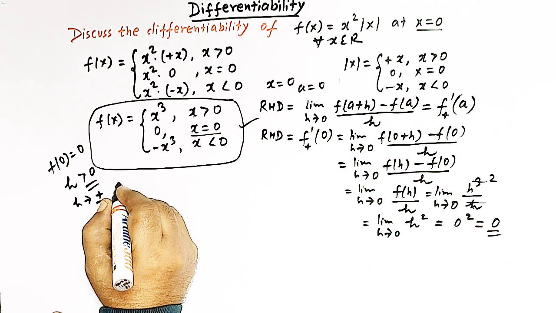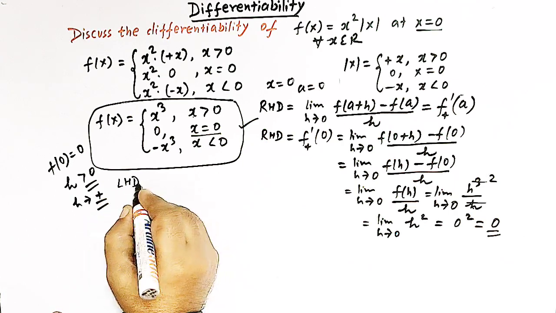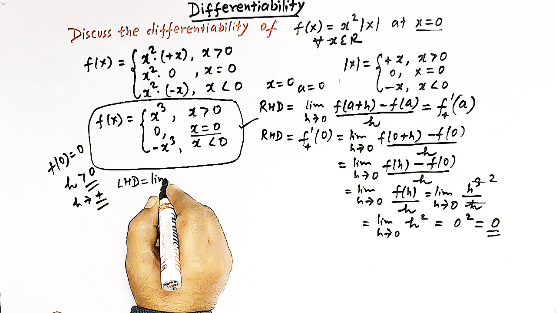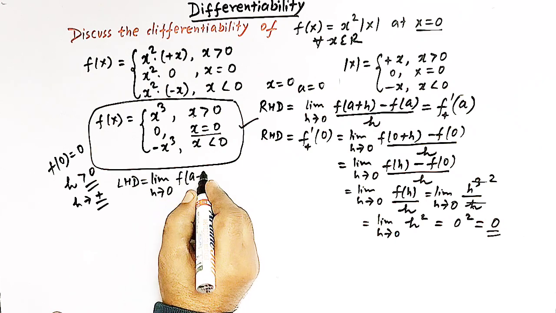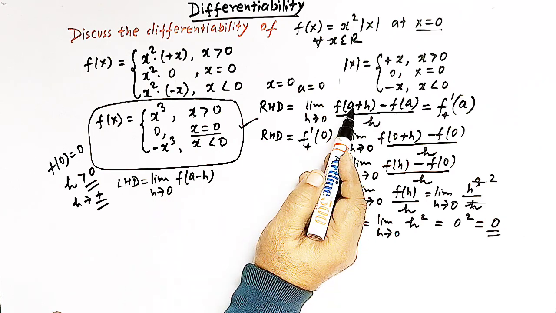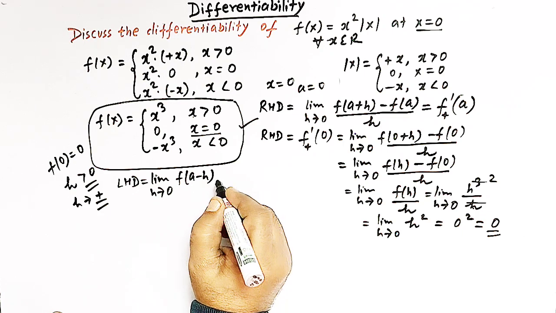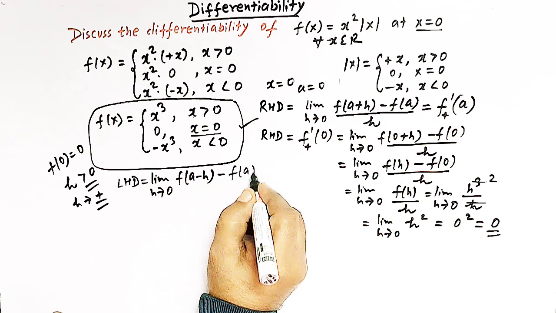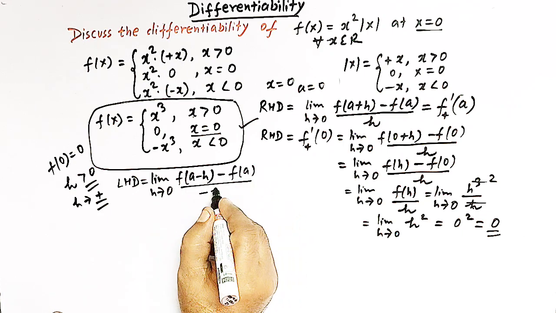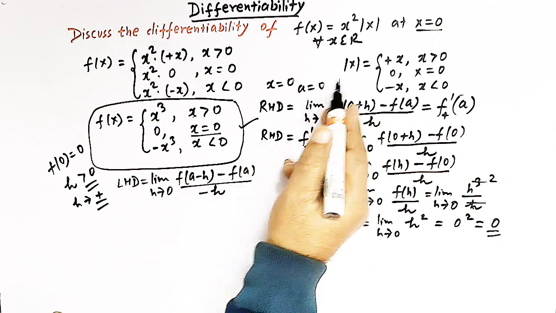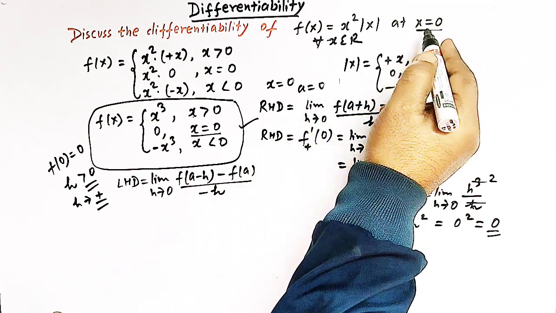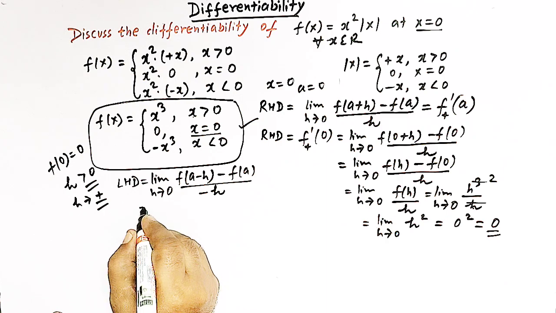Now the left hand derivative is defined by this limit, that is limit h tends to 0 of f of a minus h minus f of a, divided by negative of h, right? Now a is 0 because the given point is x equal to 0.